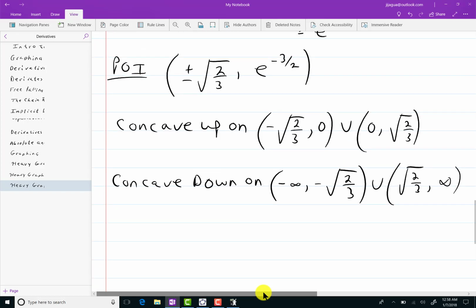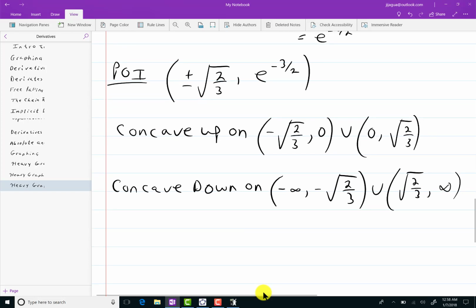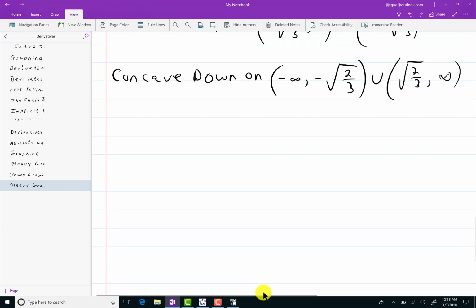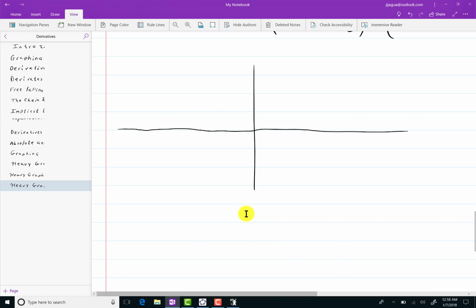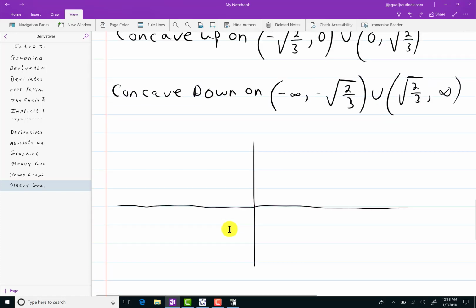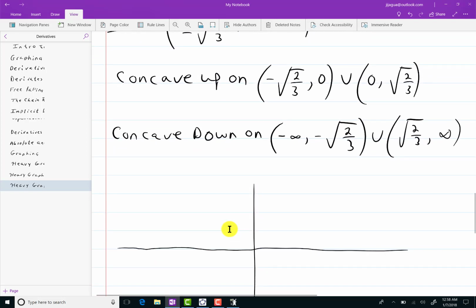So I've got, I think, what I need here. Let's go ahead and throw in a rough graph. Like usual, I'll check it with a computer-generated version. Let me write down the things that I have. All right, I couldn't plug in x equal to 0. However, I'm concave up here and here.